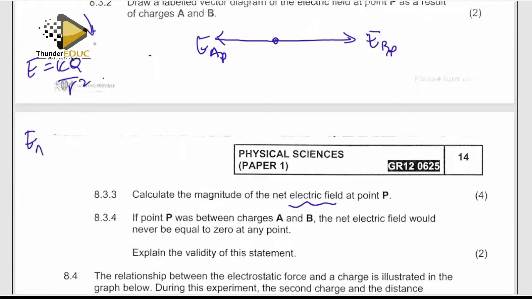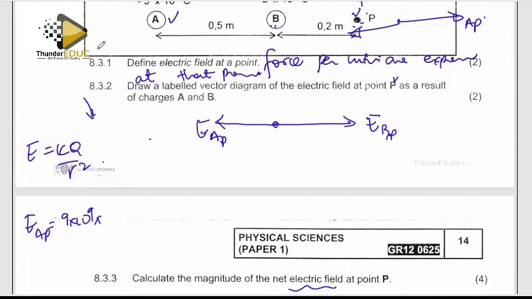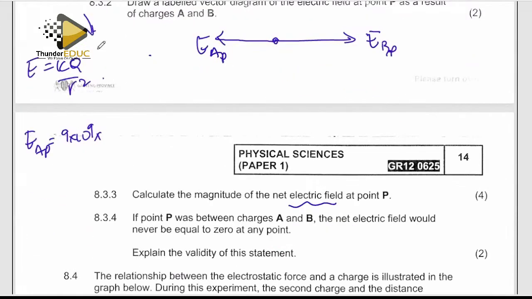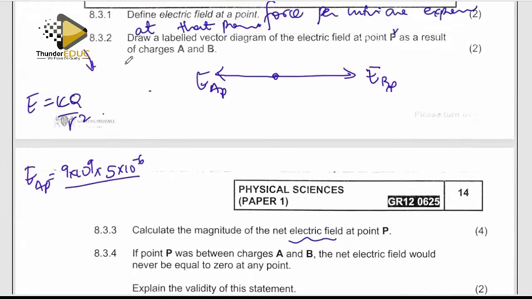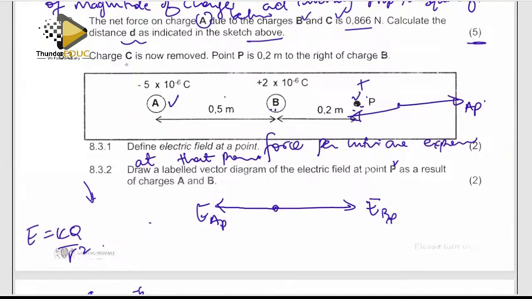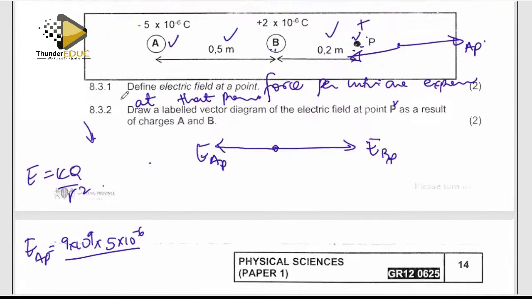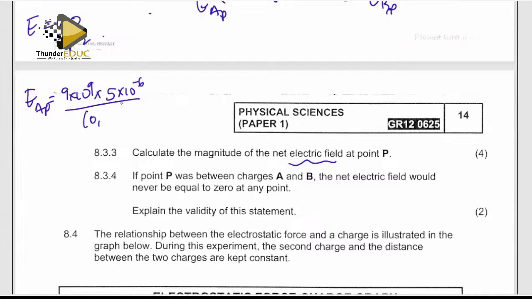So if I look at the A to P, first of all, it's going to be 9 times 10 to the 9, and then my A is 5 times 10 to the negative 6, divided by, remember we're looking at A, so it's going to be 0.5 and 0.2, which is 0.7. So 0.7 squared. What does this give us? Gives me a very big answer, 91836.73.